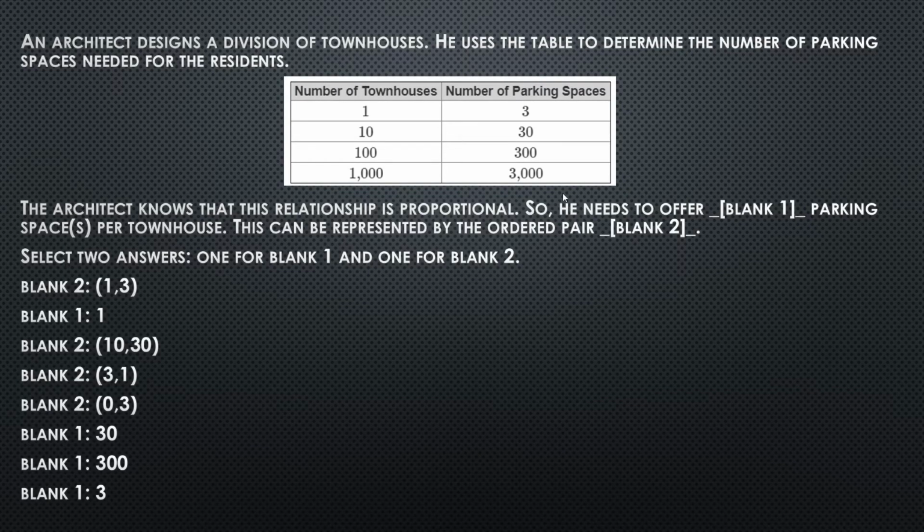Here it tells me that the number of townhouses is 1, and I need to offer 3 parking spaces. So for every 1 townhouse, I need to offer 3 parking spaces. So blank 1 is just going to be 3. Blank 2, which is our ordered pair, I could literally just put parentheses and a comma in between them. So 1, comma 3. So this one is actually a very nice question.